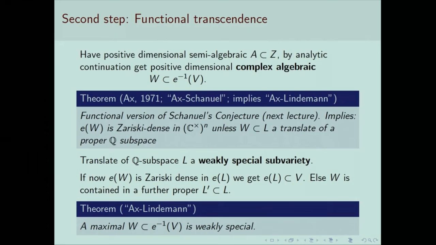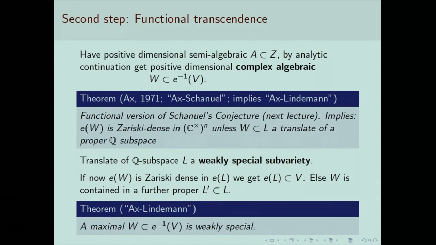But a consequence of that is the following statement: if you take an algebraic set W in C to the n and you exponentiate it, this will be Zariski dense in the image unless your set W happened to be contained in a translate of a proper Q subspace. And in that case, you can obviously get exceptions because the image of that set, of course, is some kind of translate of a torus. So you can obviously generate examples of e to the W contained in V in that way. And Ax says that that's the only way.